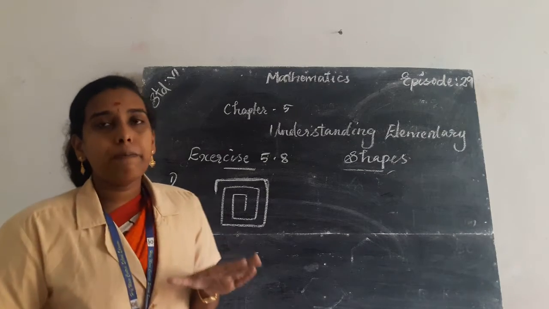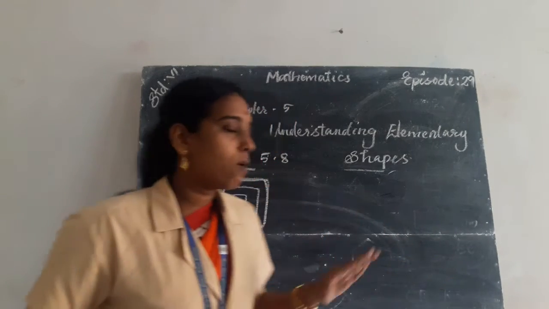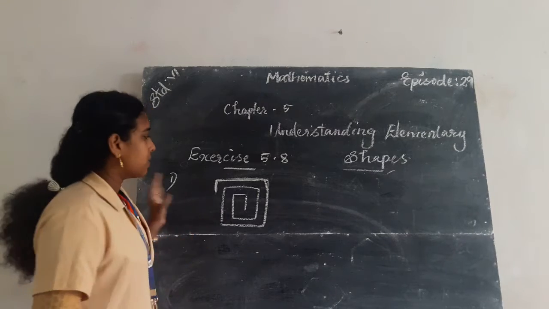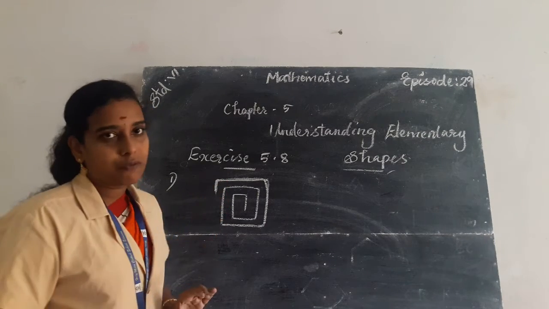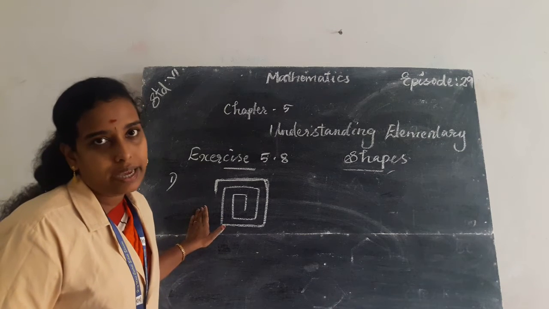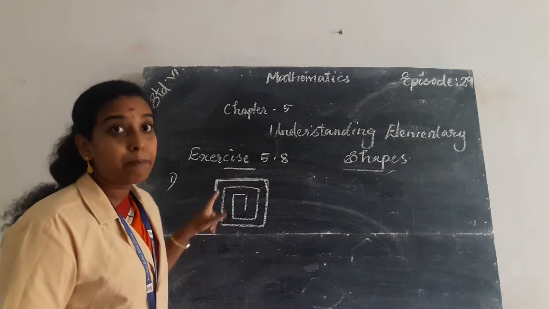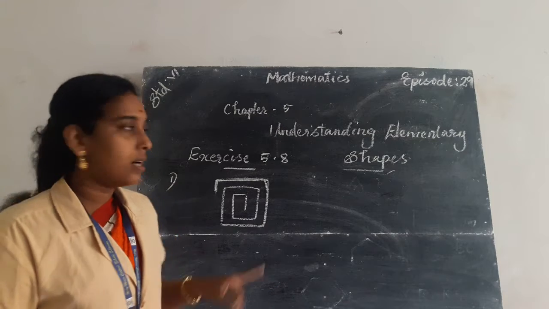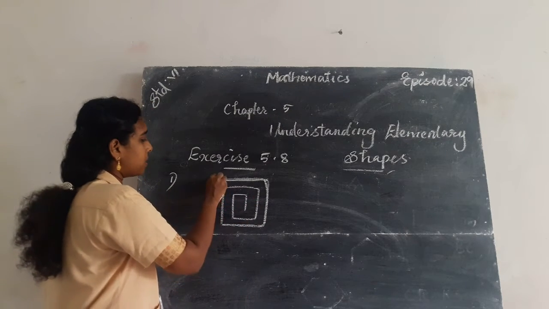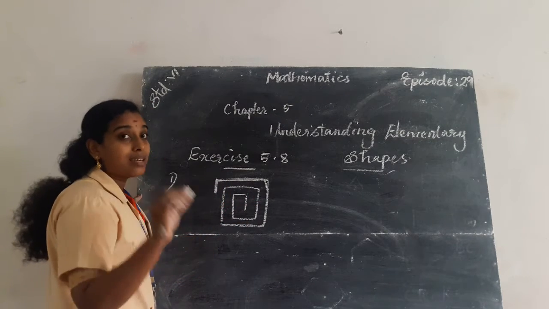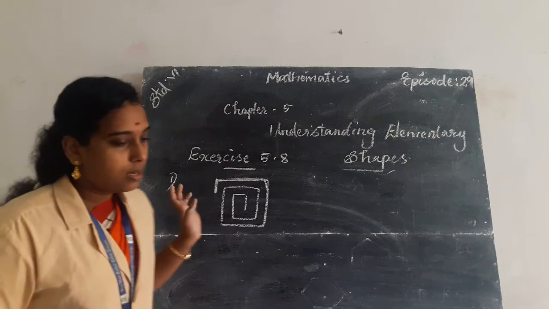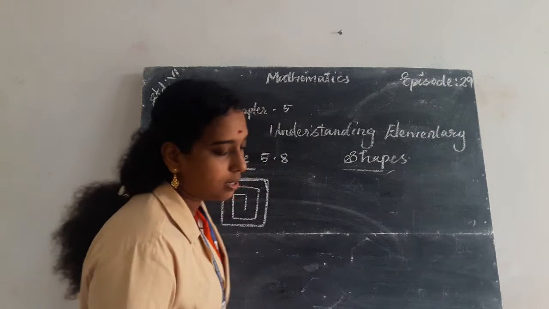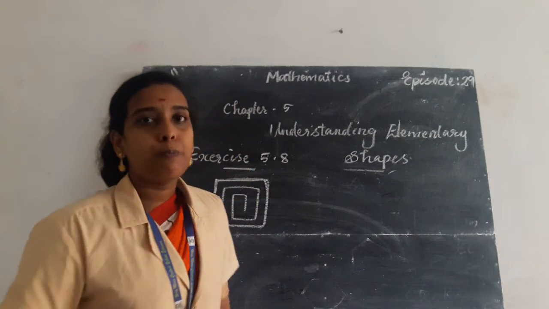Polygons are entirely made up of line segments, and they are also closed figures. So this is entirely made up of line segments, but it's an open figure, and polygons are closed figures. So it is not a polygon.